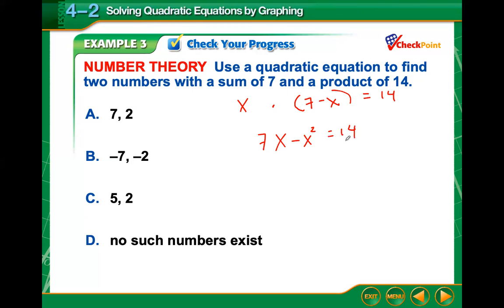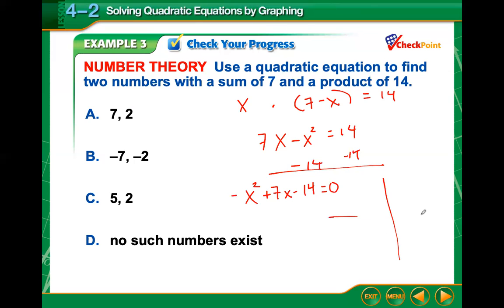And it doesn't matter if you want to move the 14 over or the 7x minus x squared to the other side. I'm going to go ahead and move the 14 over and change it to standard form: negative x squared plus 7x minus 14. And then by graphing this, we can come up with our answer.